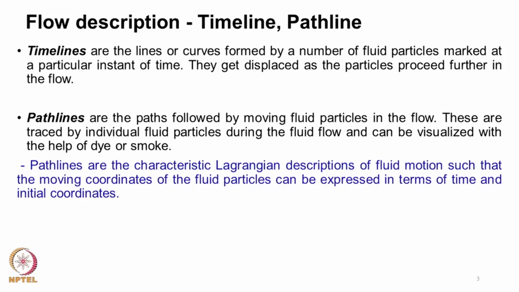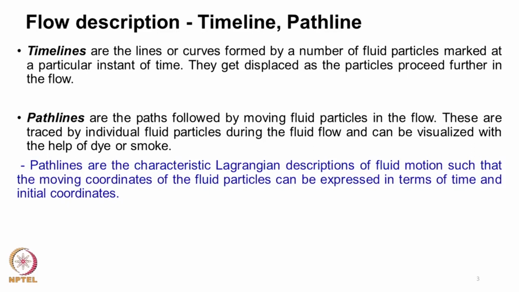Path line is another definition. This is a contour of the path followed by moving fluid particles. They are traced by individual fluid particles, and in experiment, also in CFD, you can inject a dye, then it traverses, and if you connect all the contour then you get the path line.